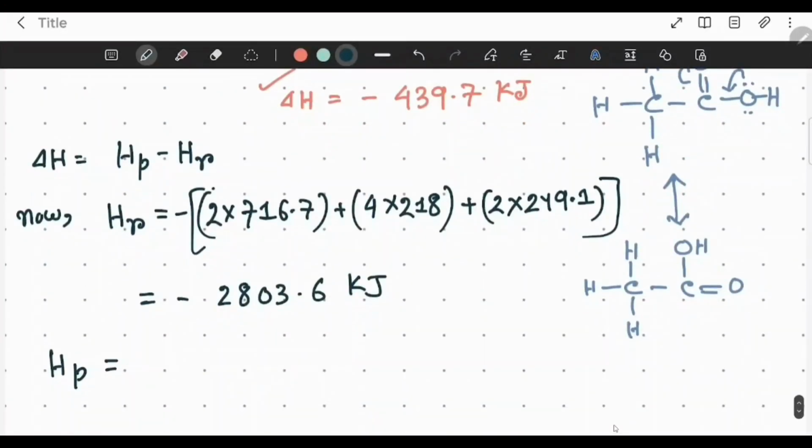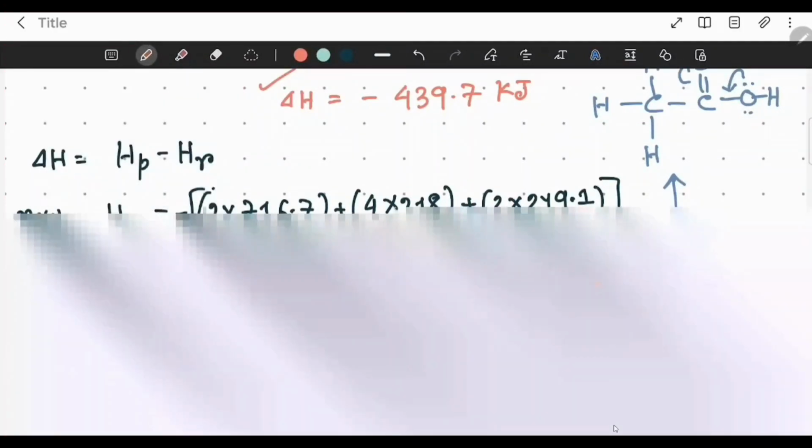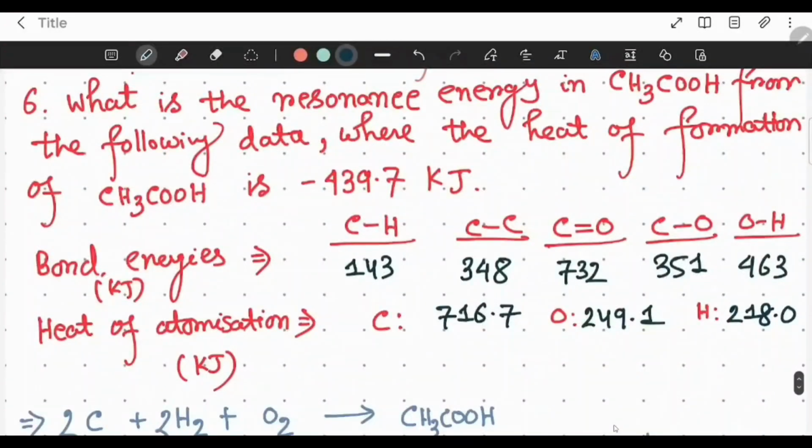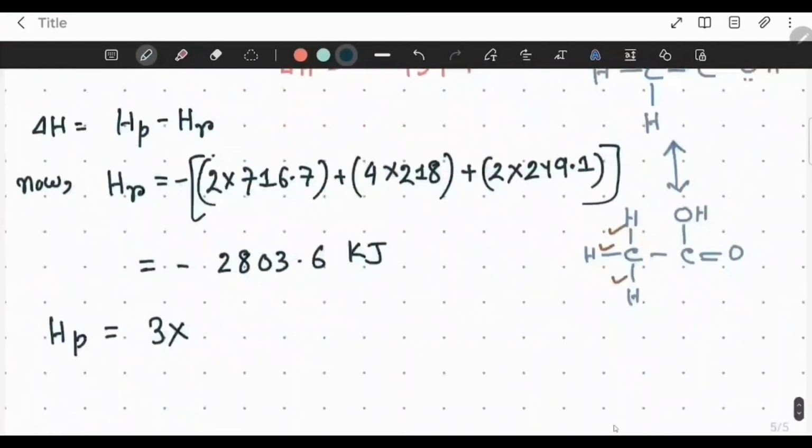And HP will be CH3COH. Now we have to calculate the bonds. So here we can see the CH bond. How many CH bonds? 1, 2 and 3. So 3 CH bonds are there. 3 CH bond is 143, so minus, again we are taking that into account.